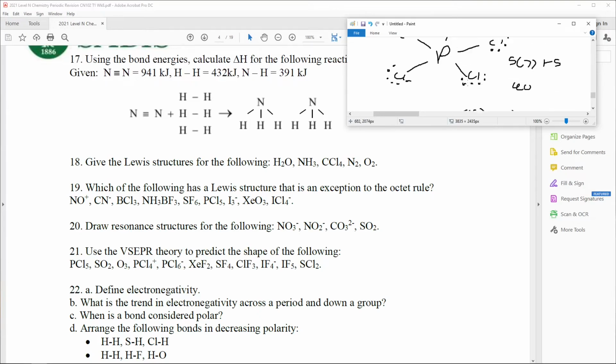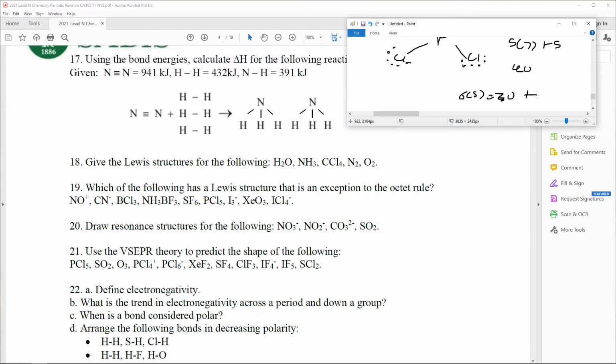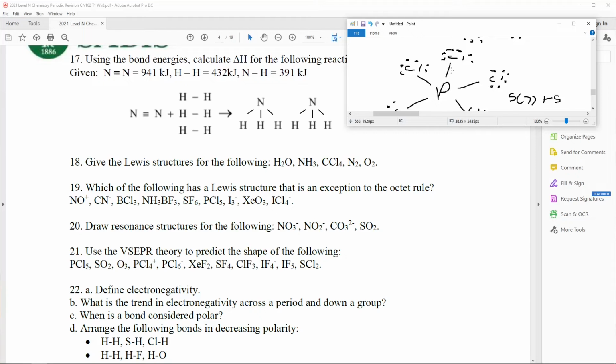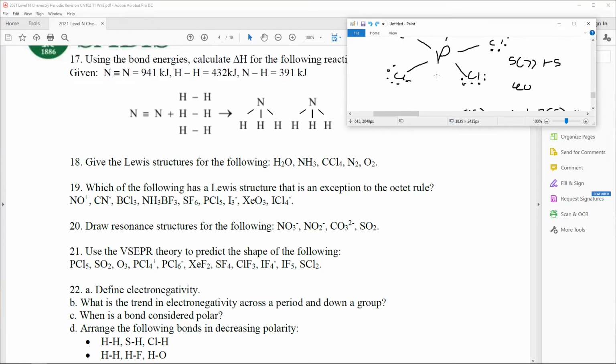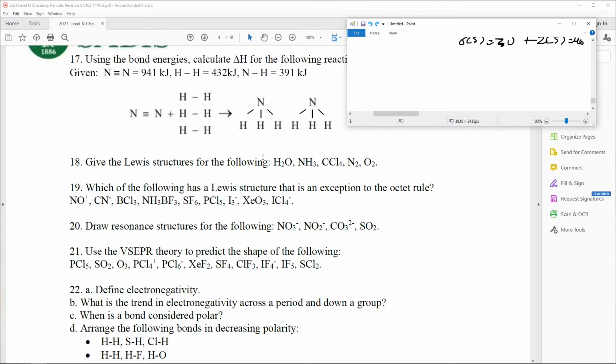And you have 5 bonds, each one having 2 electrons, so 2 times 5, and you'll have 40. You're pretty much done. But here you have the anomaly: phosphorus is making 5 bonds, so that makes 10 electrons. Therefore you just have an exception, extending its valence shell.